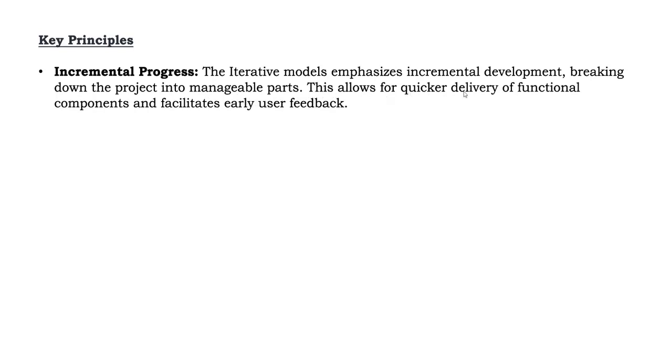So first part will be delivered first, the next part will be delivered next, and then the other part. This allows for quicker delivery of functional components and facilitates early user feedback.